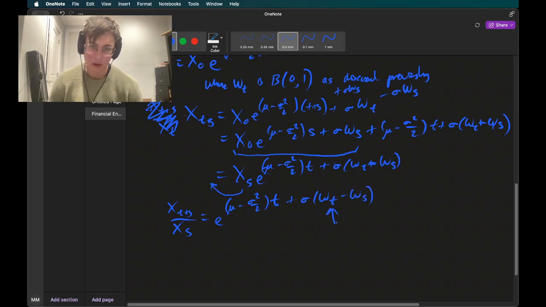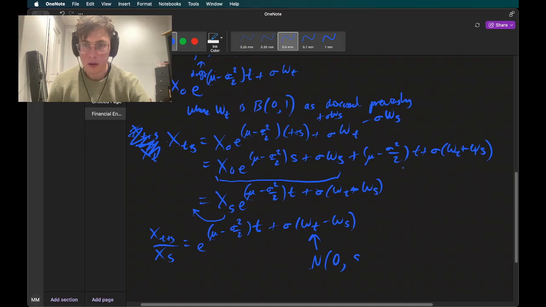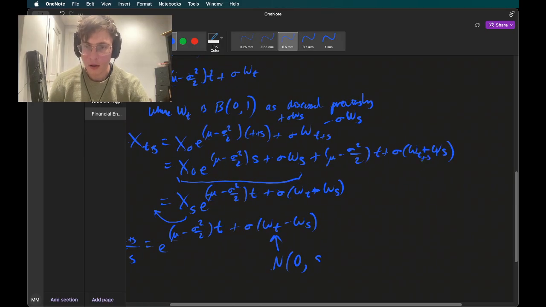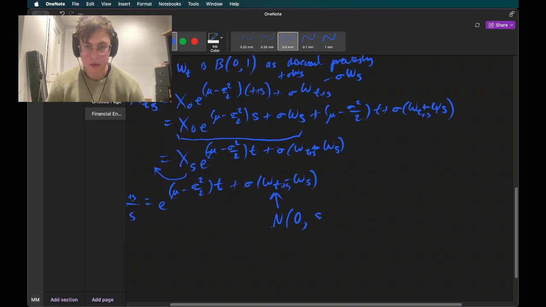As we discussed about Brownian motion, the difference between two Brownian motions is a normal distribution with mean 0 and variance equal to the difference between them. Sorry, this shouldn't be t, this should be t plus s. I made a mistake here. The difference between them is t in this case.